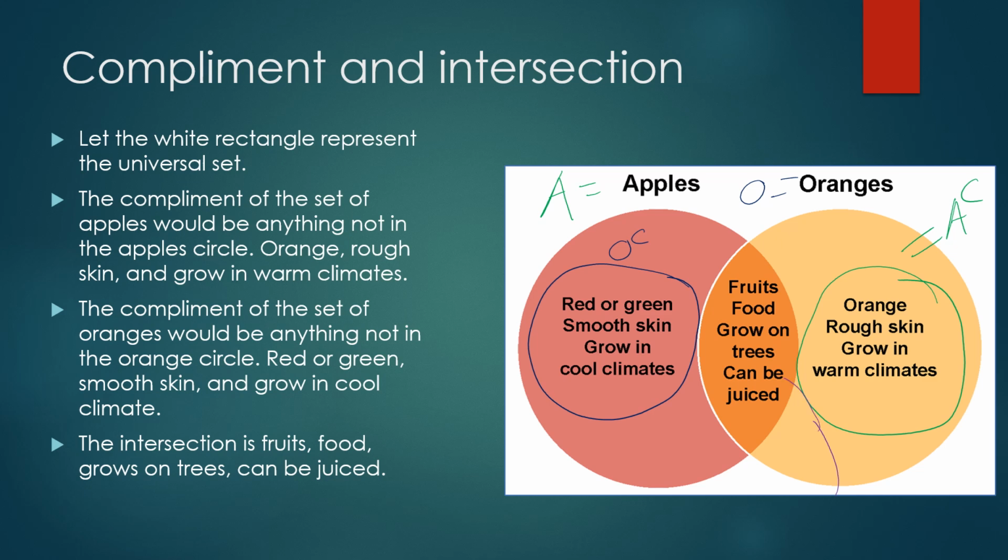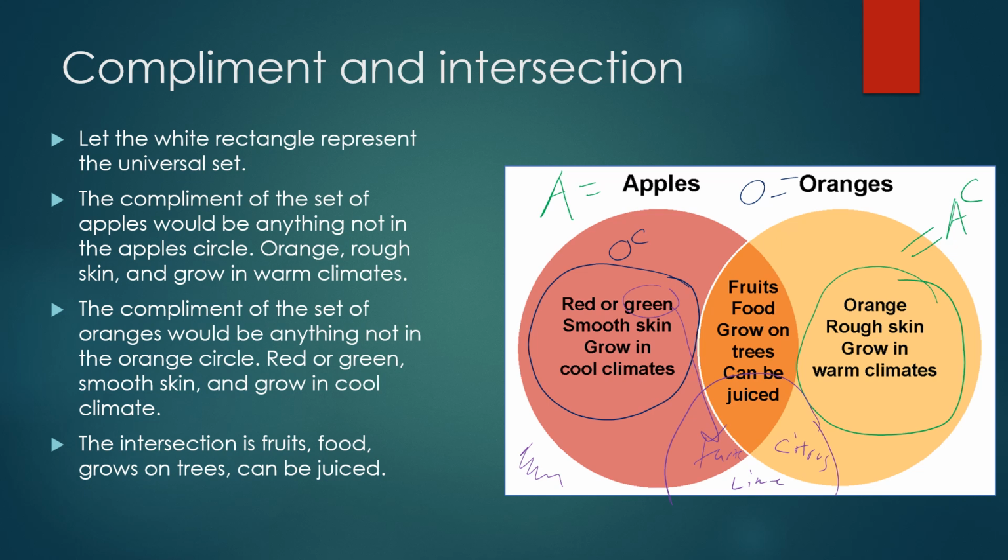So I would also circle here and let this be limes. We could say then that we have citrus between those. But there really isn't anything in common with apples other than the fact that they could be green. Limes are also tart, unlike oranges and apples. Well, apples can be tart, so I guess we could put tart here too. The point is that complements can also be outside in the universal set, in elements that might not be in one of the subsets given.